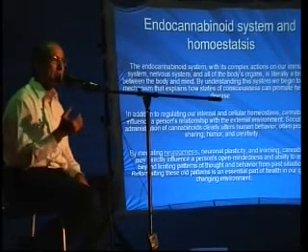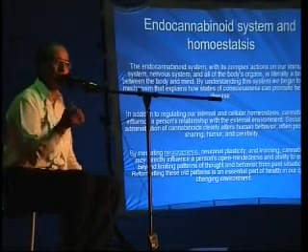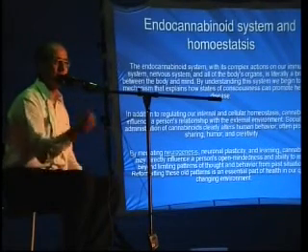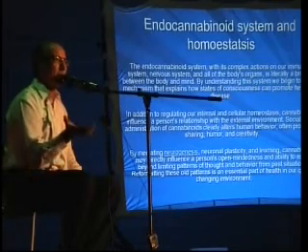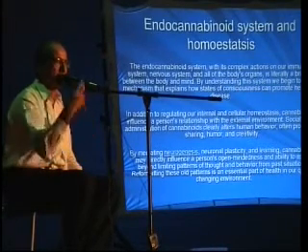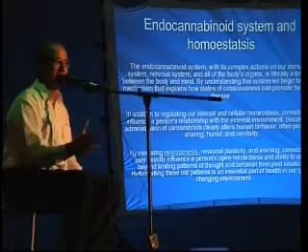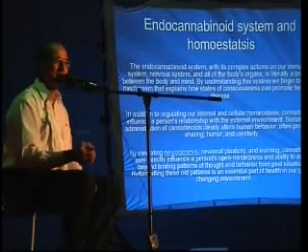endocannabinoid system. This is fascinating because in the course of my learning, as we started treating children for life-threatening epilepsy, what we found was some of their ancillary problems, like their nasal allergies and their food intolerances and their eczema, started to disappear, which is very gratifying and not yet fully explained.